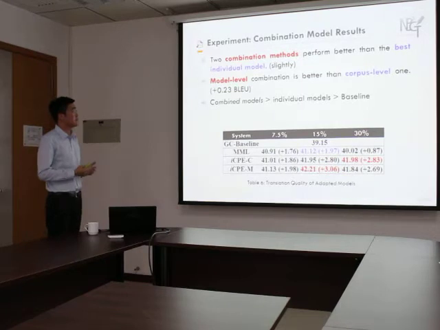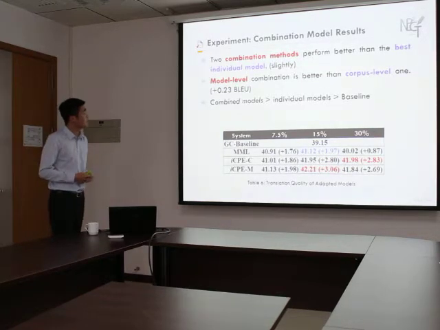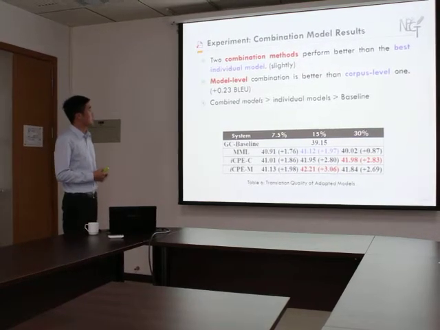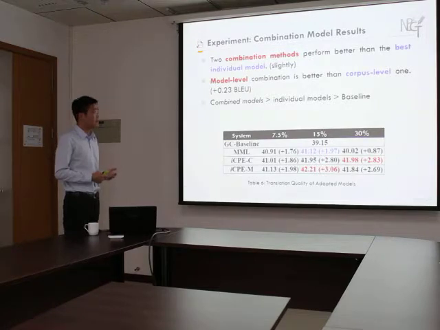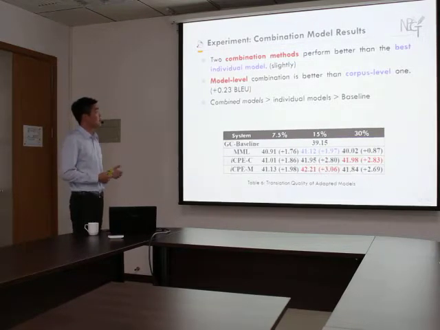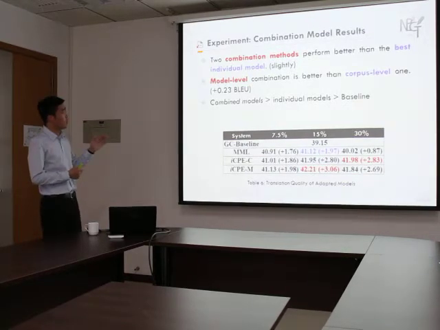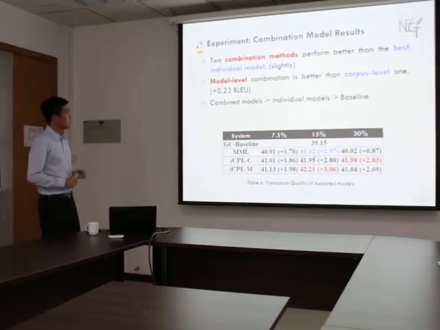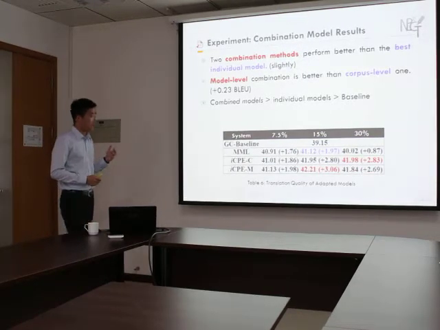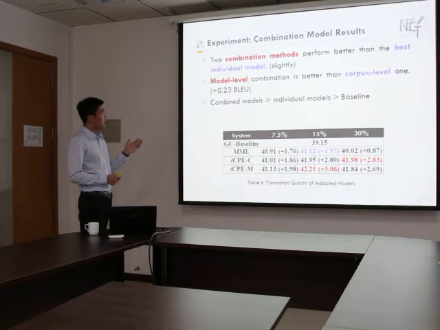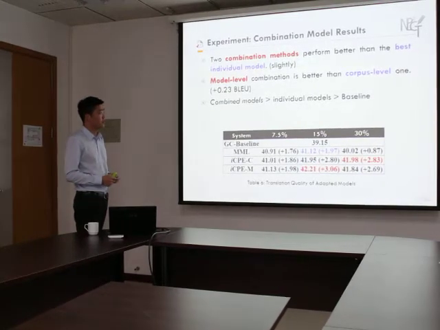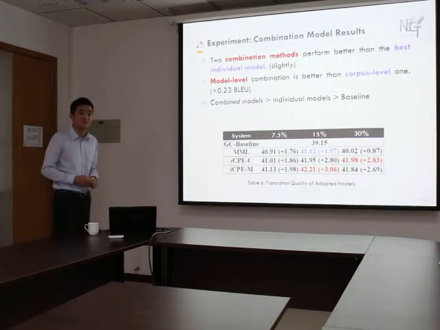This is the combination model result. Obviously, the two combination methods perform slightly better than the best individual model. And the model level is a little bit better than the corpus level. And we can conclude that the combined models are better than the individual models and better than the baseline.